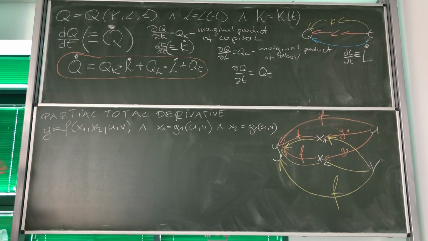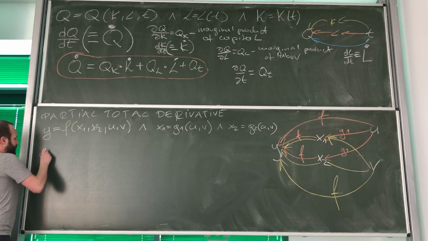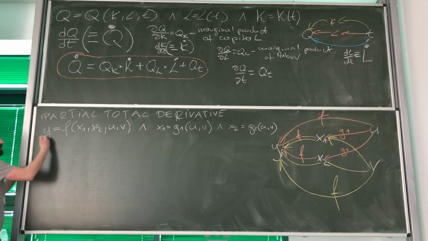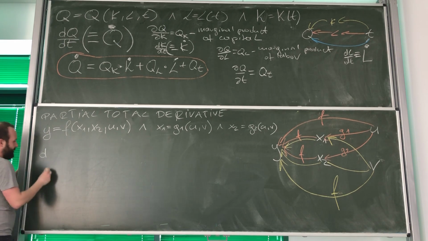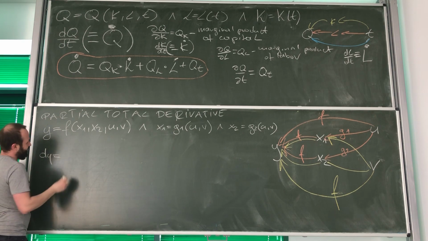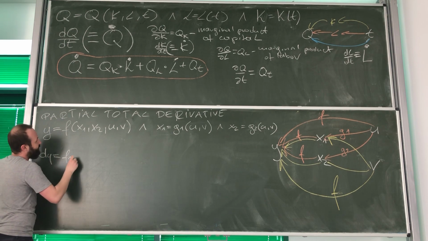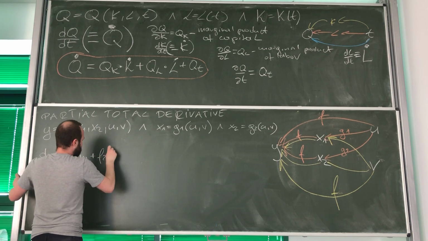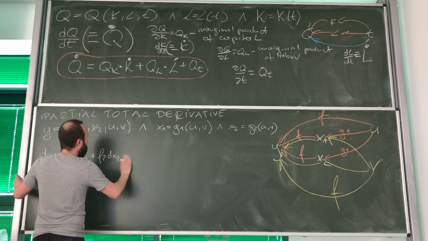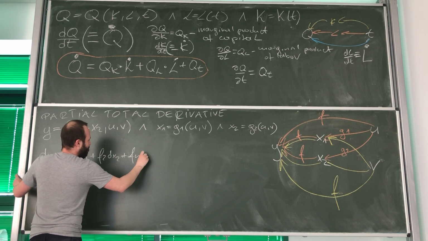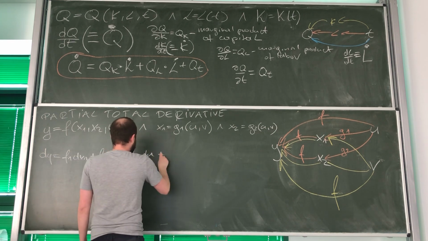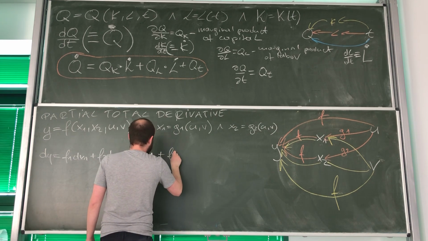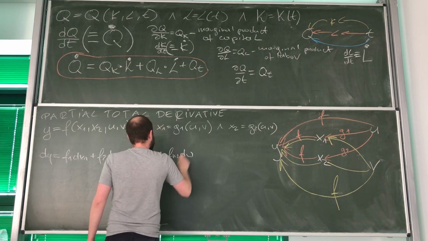Okay, let me just notice one thing. Look, if I would like to write a total differential of this, I would get that dy is equal to f1 dx1 plus f2 dx2 plus fu du plus fv dv.